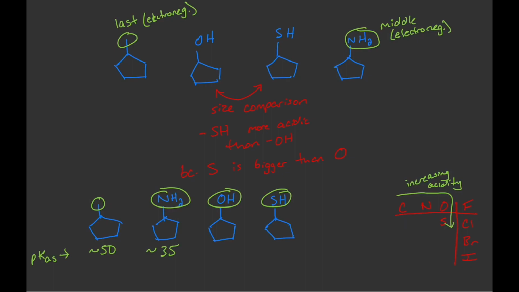The pKa of an alcohol is around 16 to 19, somewhere in that range. And the pKa of sulfur-containing compounds, in this case a thiol, is going to be around the 9 to 10 range. So again, we see that with our trend following the periodic table, going from our methyl group up to our thiol, we will see increasing acidity.